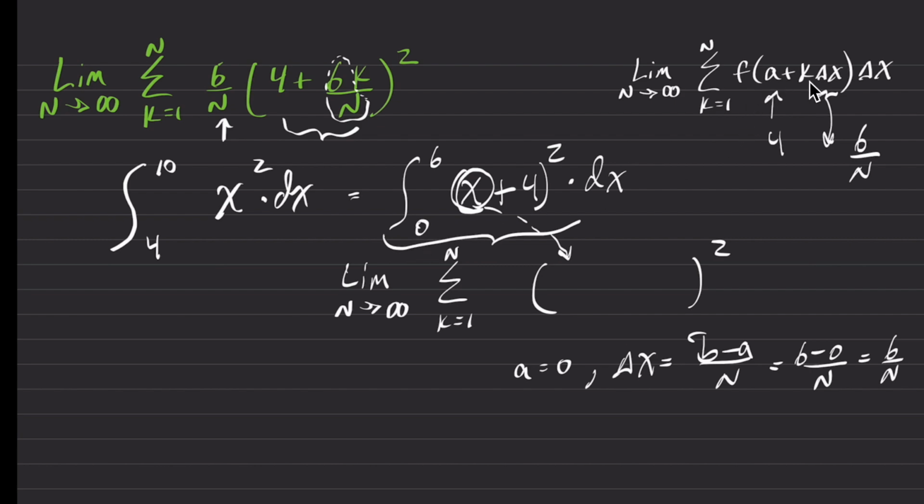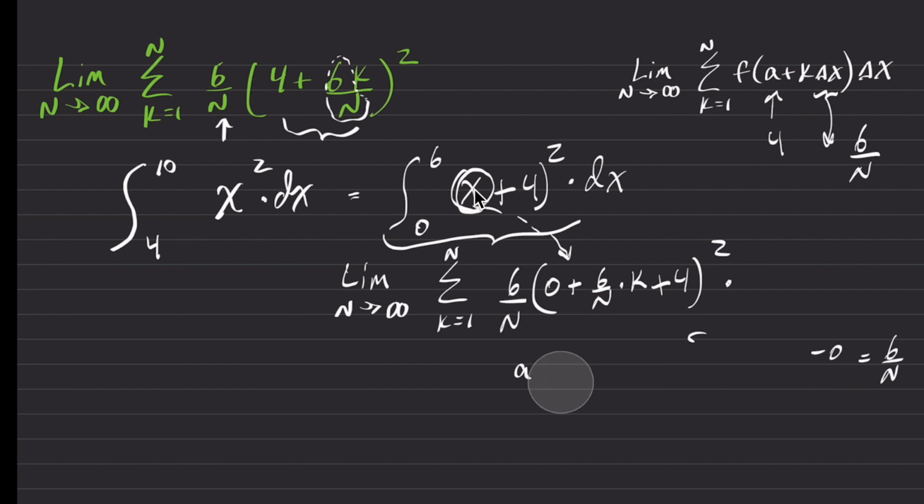So we're going to put steroids in here. This original plus 4 is going to stay as is. We're not going to touch that. We're going to take that x and replace it with A, which is 0, plus k delta x. And that would be 6 over n times k. And then our delta x would appear on the outside as it did before.